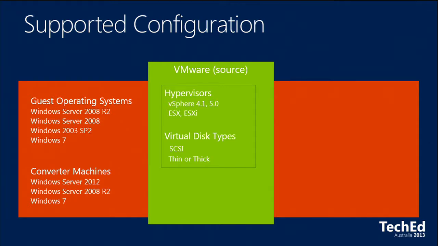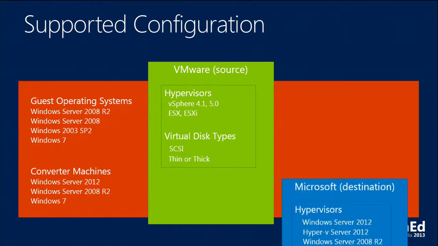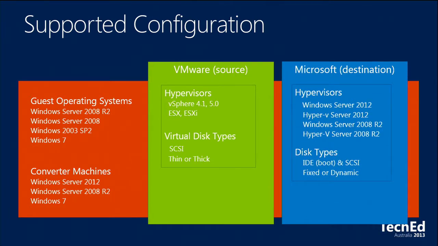The source VMware hypervisors that it supports are 4.1, 5.0, and actually 5.1 as well. And the destination hypervisors that it supports are Server 2012 and Server 2008 R2, but we're probably talking about 2012 here.